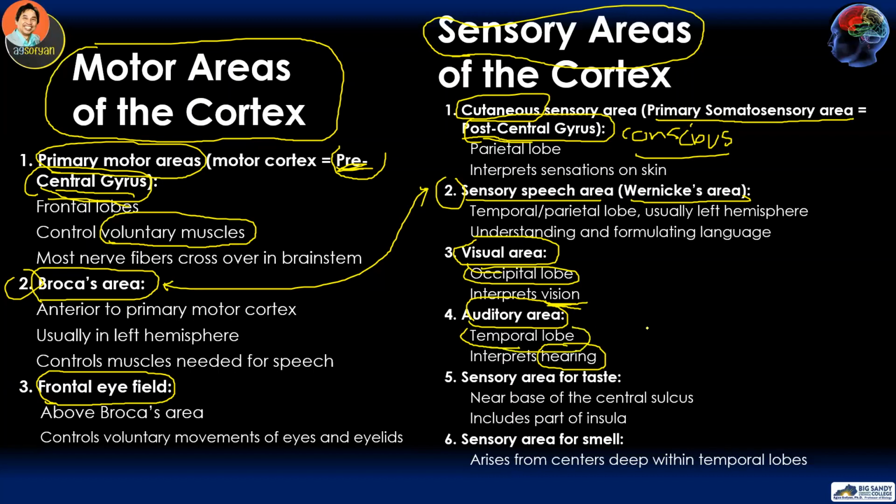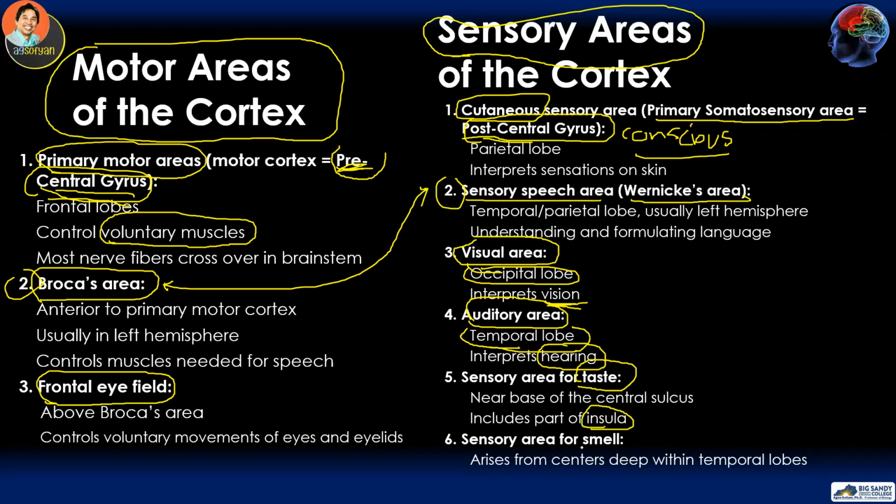This is for hearing. What you hear will be processed by this auditory area in the temporal lobes, on the side lobes. And then there is an area for taste. What we eat, what we taste will be controlled by this sensory area for taste. This is actually a little bit inside the brain, in the middle. The area is called the insula.